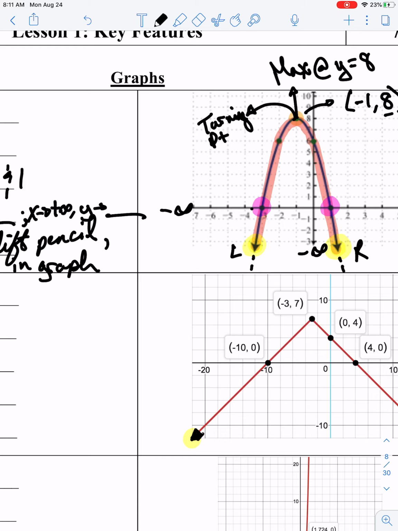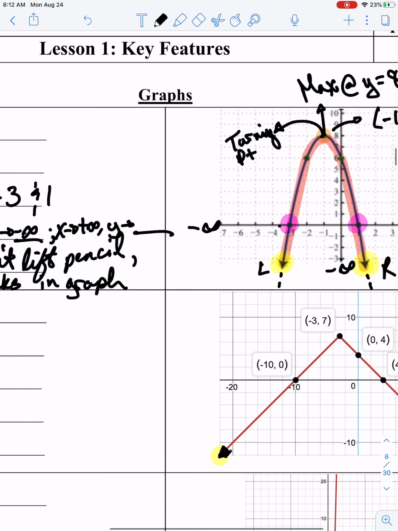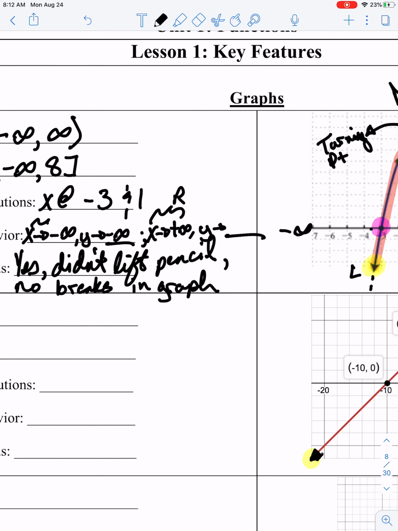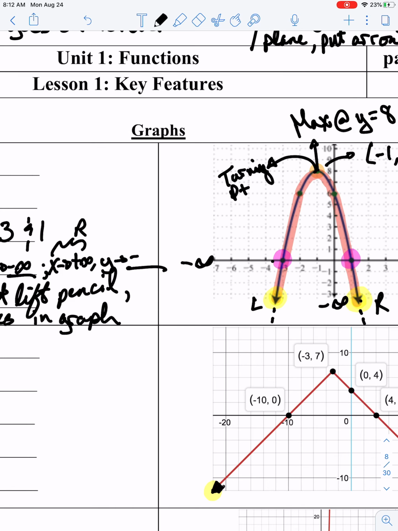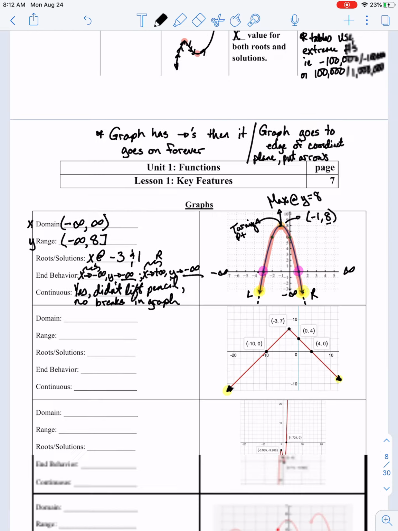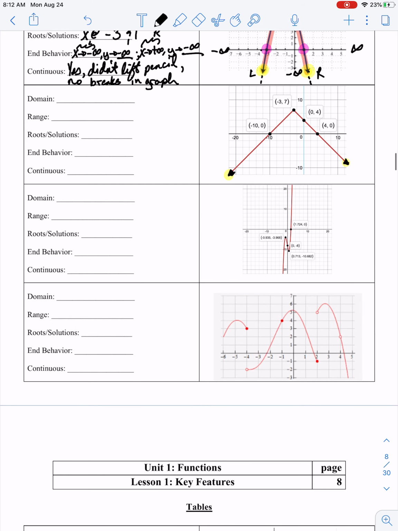It's pointing down to this y value, negative infinity. X goes to positive infinity, or my right highlighted piece. So I come over here and I find my rightmost piece of the graph. If it's pointing up, it's going to positive infinity. If it's pointing down, it's going to negative infinity. So that's that example. And now I'm going to go ahead and go down to the bottom and do this one.